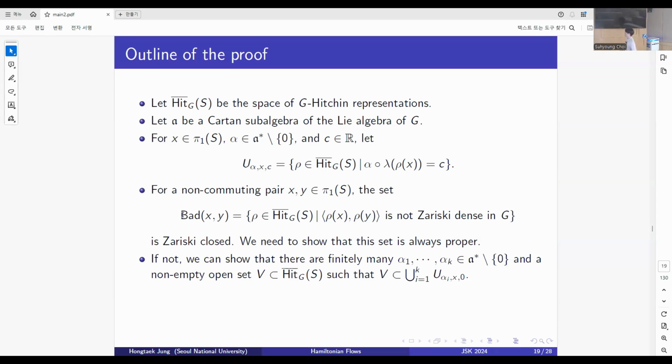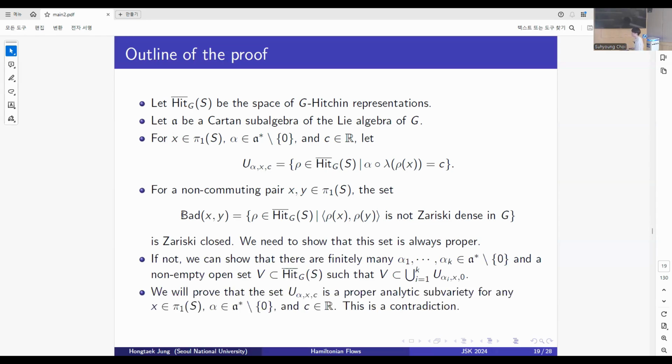Under that assumption, you can find finitely many functionals on this Cartan subalgebra, together with some non-empty open set in the G-Hitchin representations, such that this open set is contained in this set.